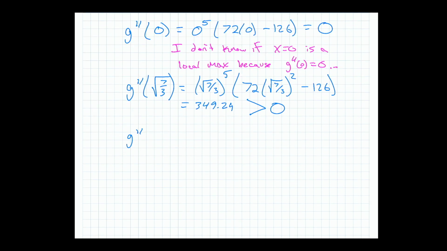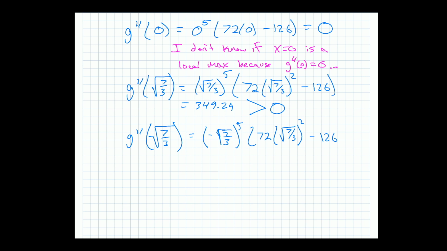And then we go g double prime of negative root 7/3. We get negative root 7/3 to the 5th, times 72 root 7/3 squared minus 126. I think this must come up negative 349.